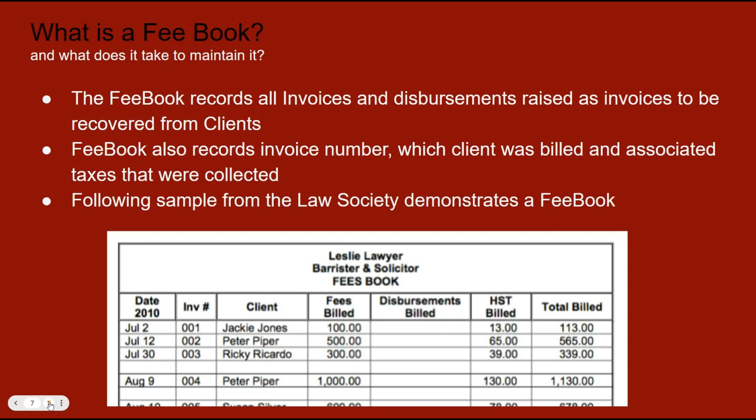And this fee book pretty much maintains important data elements right from the date, the invoice number, who was the client to whom you raised this invoice, how much of fees you have billed in that particular invoice, how much of disbursements it carried, and what is the total taxes involved that you've asked from your client, and the total billed.